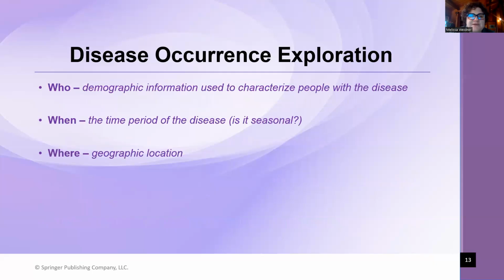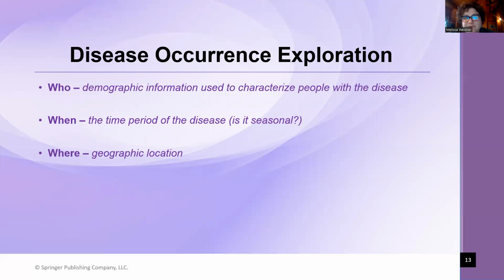When we have disease occurrence, we want to explore the who, when, and where. So we look at the demographic information used to characterize the people with the disease. This can be where they live, their age, their sex, their race, anything that defines a population.